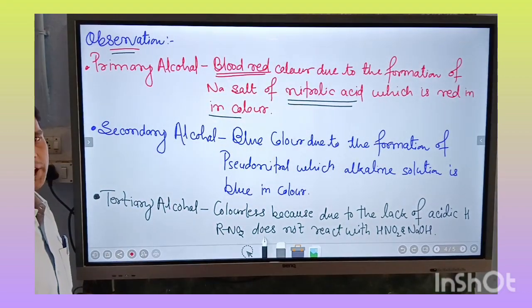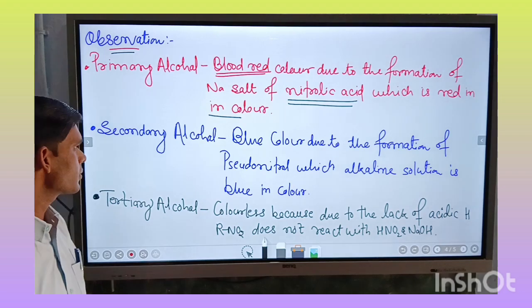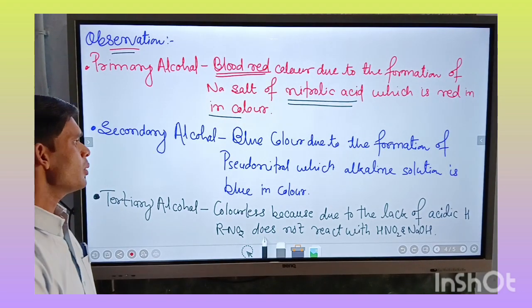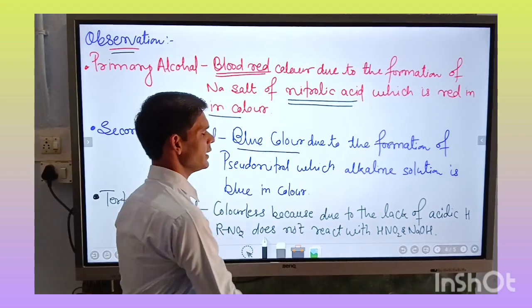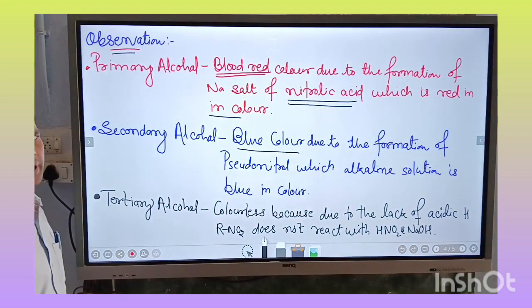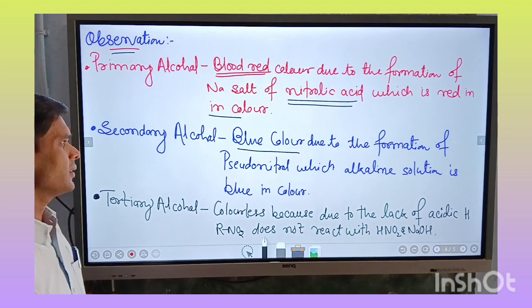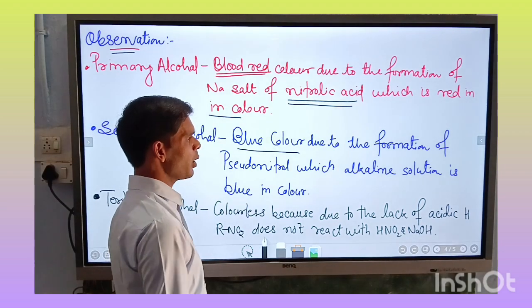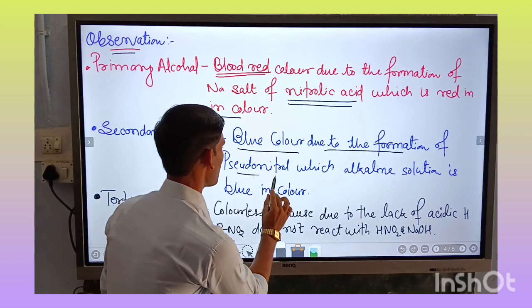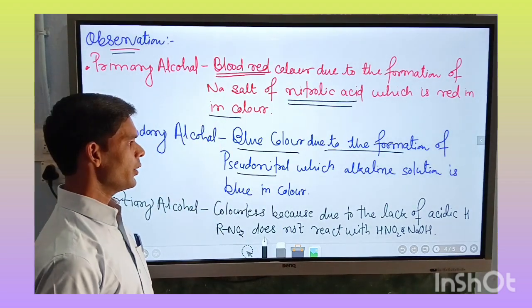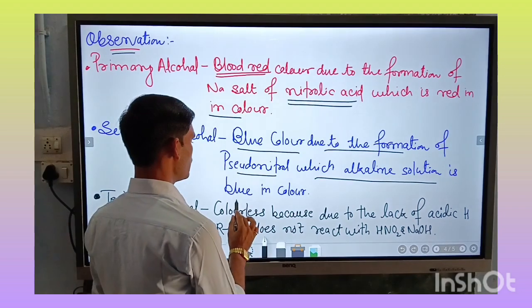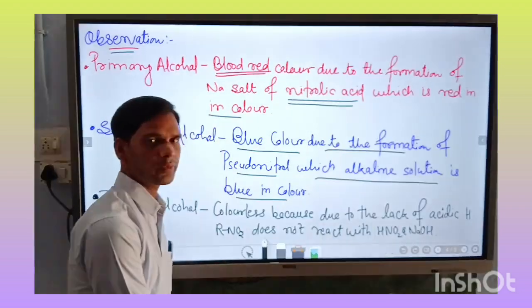If the alcohol given is secondary, then it will give blue color when it is treated with Victor Meyer reagent, and the blue color is formed due to the formation of pseudonitrole, whose alkaline solution is blue in color.